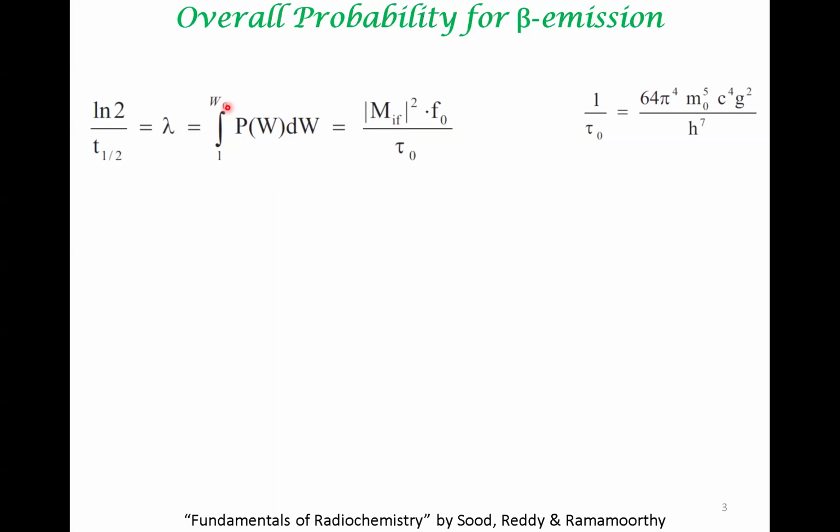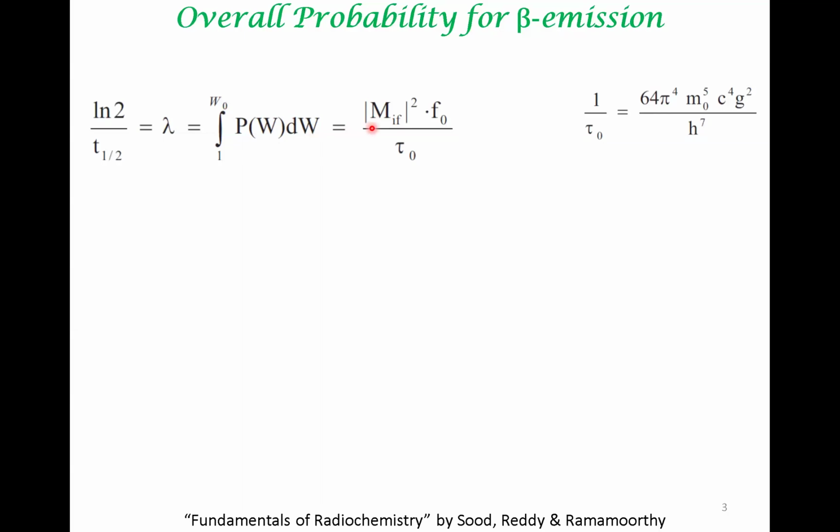If you remember the energy conservation equation, the energy can be distributed between two particles, the beta particle and the antineutrino. If you look at that expression and non-dimensionalize it in terms of W, you will get the meaning of these limits.